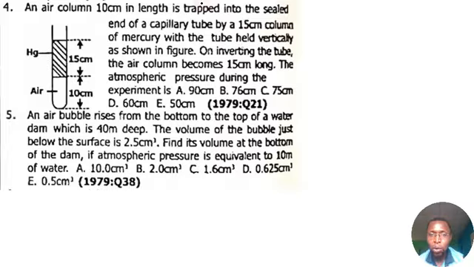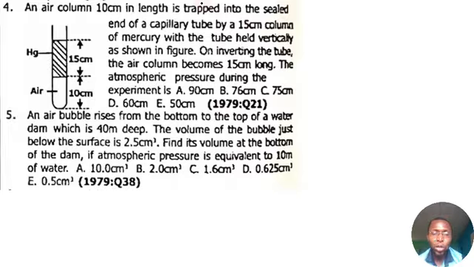On inverting the tube, the air column becomes 15 centimeters long. The atmospheric pressure during the experiment is: A, 90 centimeters; B, 76 centimeters; C, 75 centimeters; D, 60 centimeters; E, 50 centimeters.